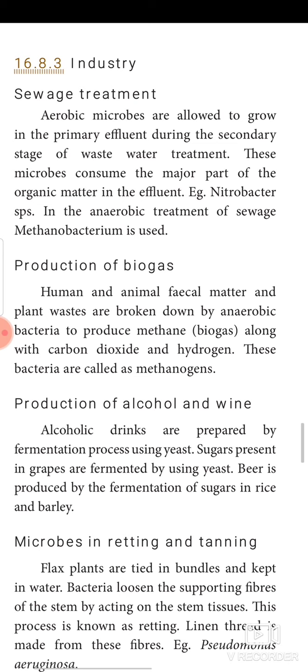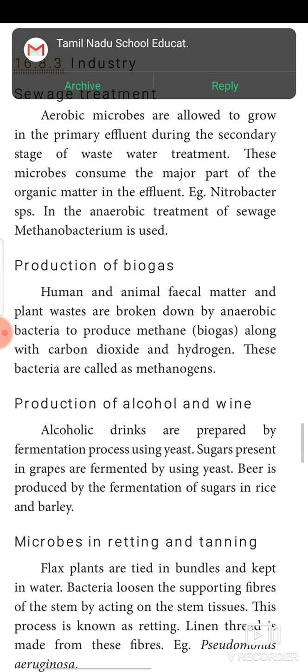This process is known as retting. So by making it into fiber, we can use those fibers for other purposes, like producing jute bags, jute earrings, jute sarees, jute churidars, etc. Linen thread is made from these fibers.